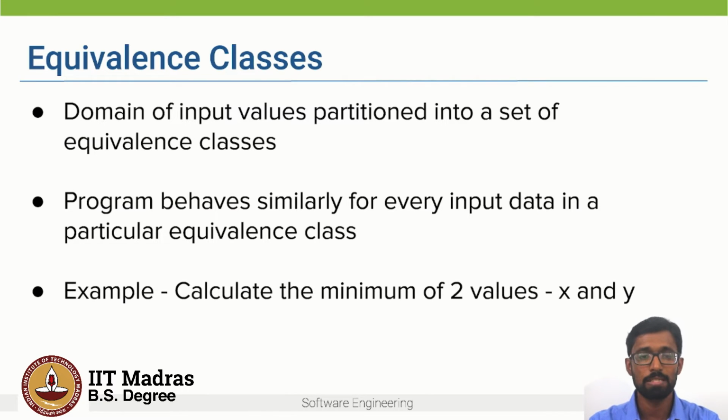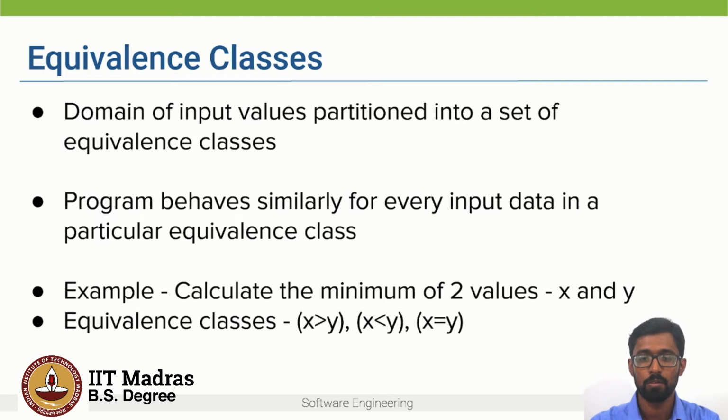So let's take the example of the minimum value function. We have two parameters, x and y, and we have to calculate the minimum. Now in black box, we do not know the structure of the program. But can you think of what the equivalence classes will be in this case? So one set of inputs is where x is greater than y.